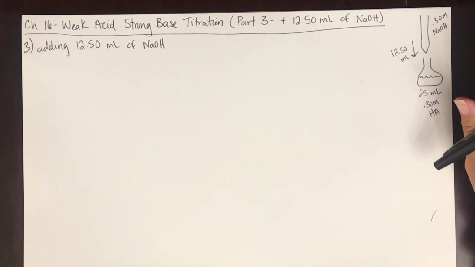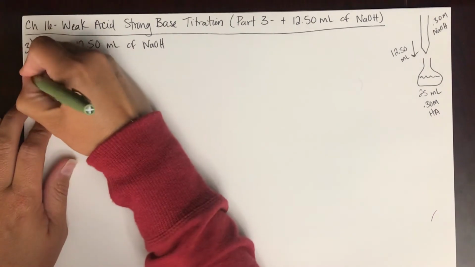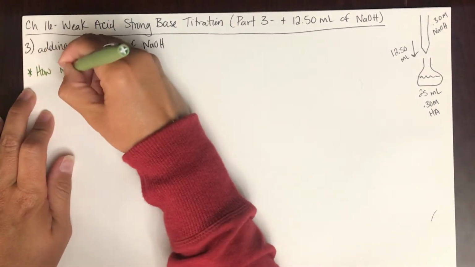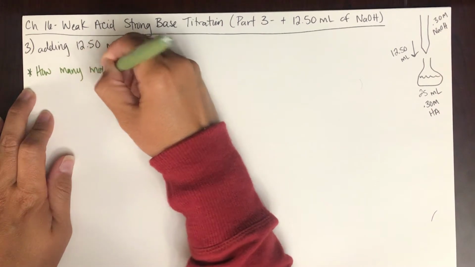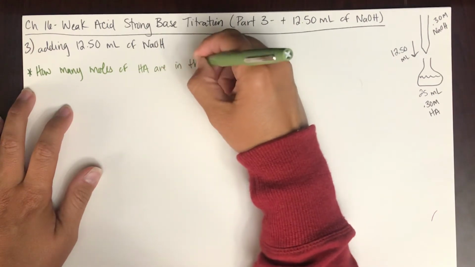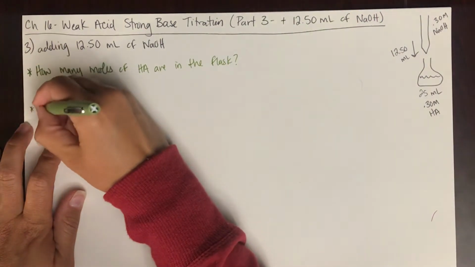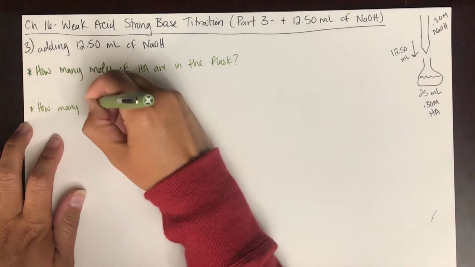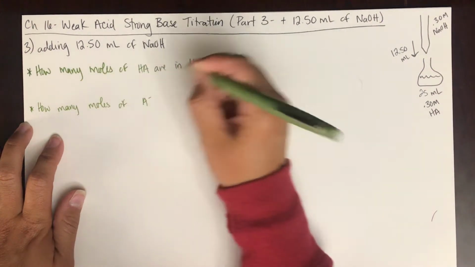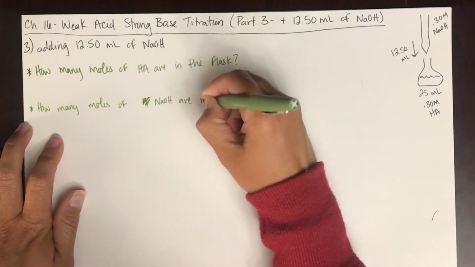We are going to do the same thing as we did before. First, we are going to determine how many moles of weak acid are in the flask, and we are going to see how many moles of sodium hydroxide are in the flask.